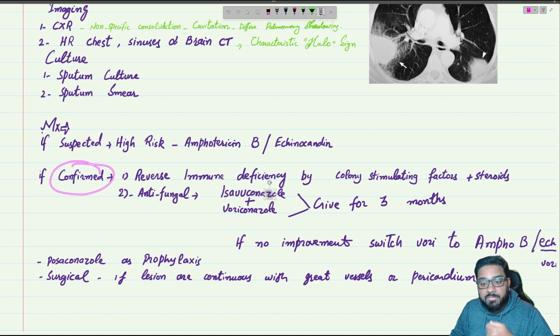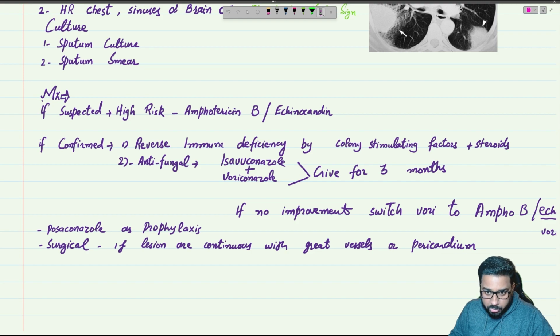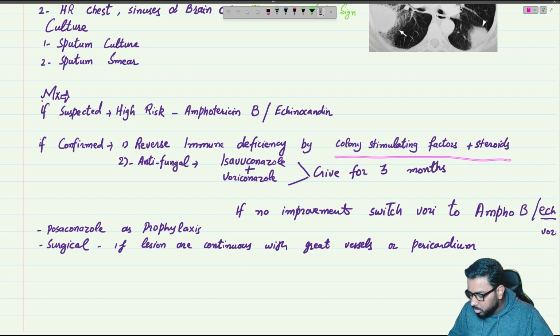If someone has confirmed invasive aspergillosis, first of all, we need to do something about the status of being immunocompromised, whatever we need to do, like colony stimulating factors, plus or minus steroids, and antifungal.